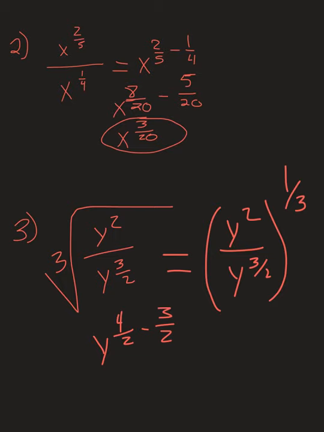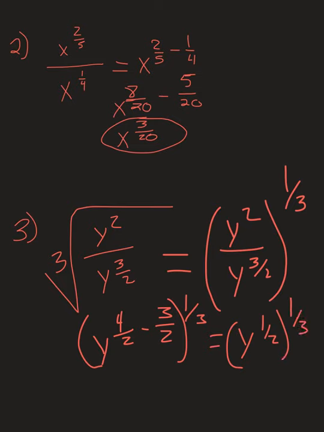This 4/2 is coming from this squared. I needed to find a common denominator, so I multiplied this by 2 to get the 4/2. And this is all to the 1/3. So now we're going to do the subtraction, and we're going to get y to the 1/2 in parentheses to the 1/3.